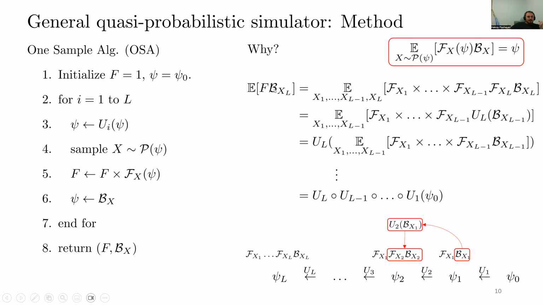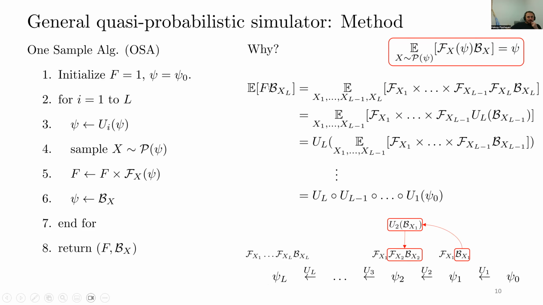I'm going to show that the expectation value of the f that's output here, times this b, the last phase point operator that's output here, which is bL, is going to be psi 0 multiplied by all the unitaries. So it's going to be psi L.